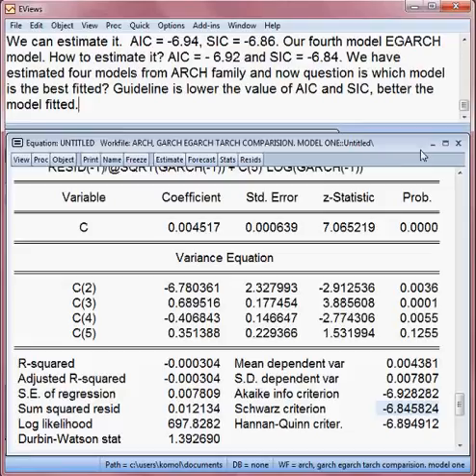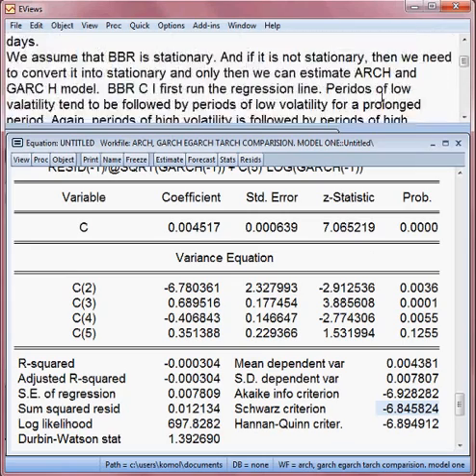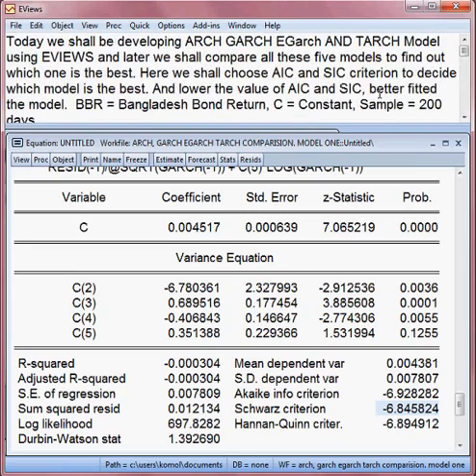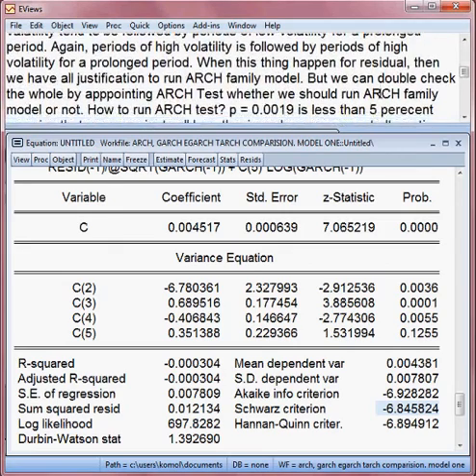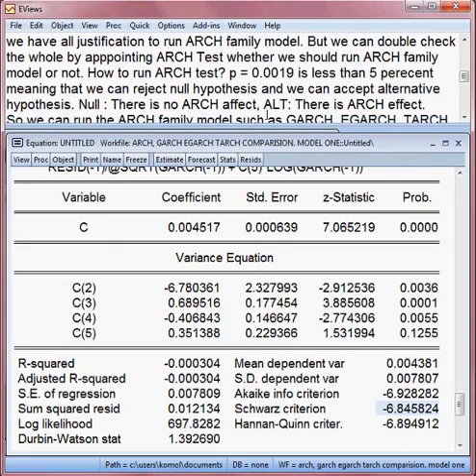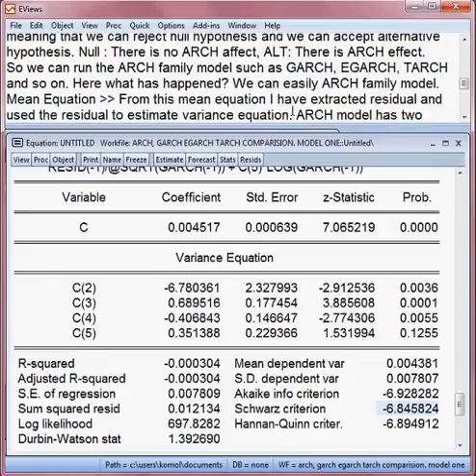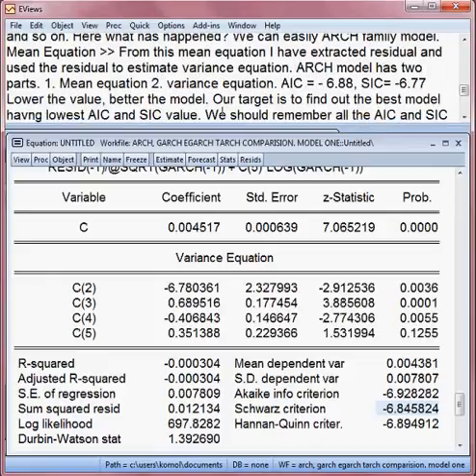Then out of 4 models, the first model was the ARCH 5 model, and their AIC is minus 6.88 and SIC was minus 6.77.